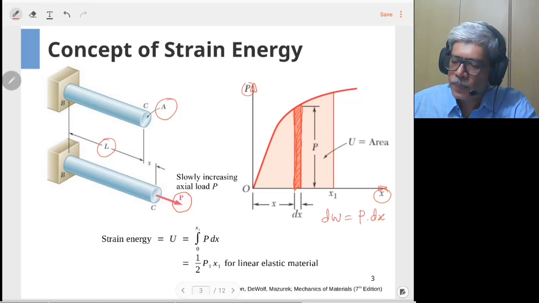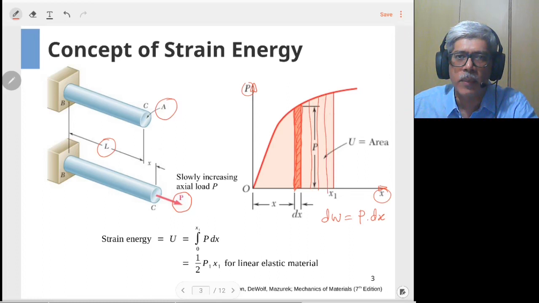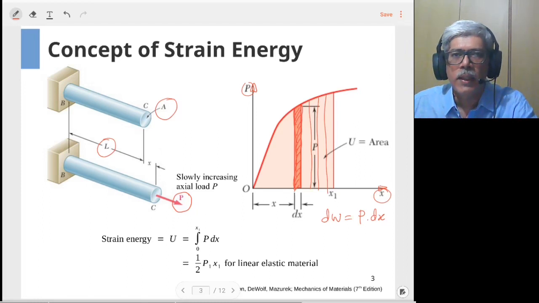If you add up all such strips till the time the full extension of the bar has taken place, you will get the entire work done by the external force, which, as can be seen from this graph, is nothing but the area below this particular curve. So when the body is stretching from its original position to displacement x1, the total work done by the external force would be given by the integral of P dx from x running from 0 to x1.